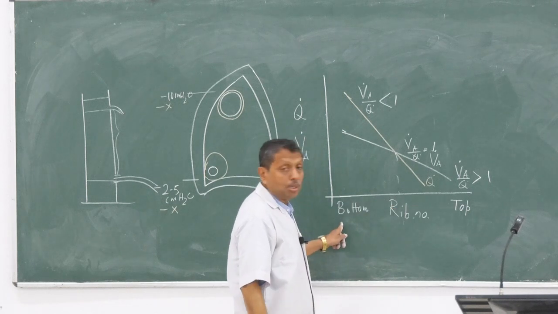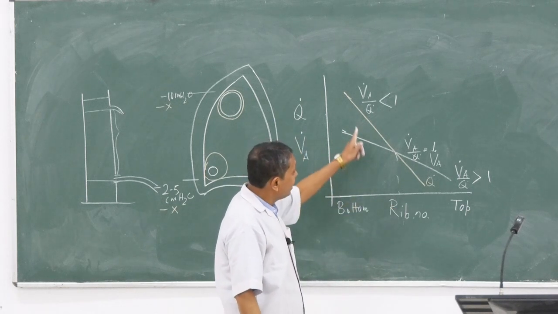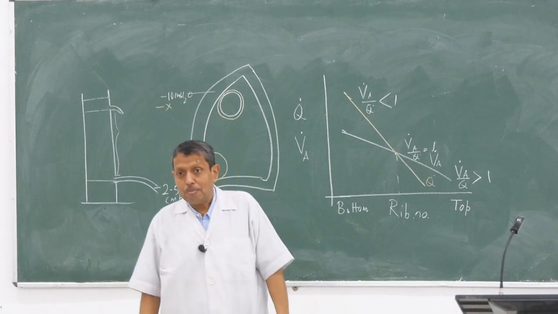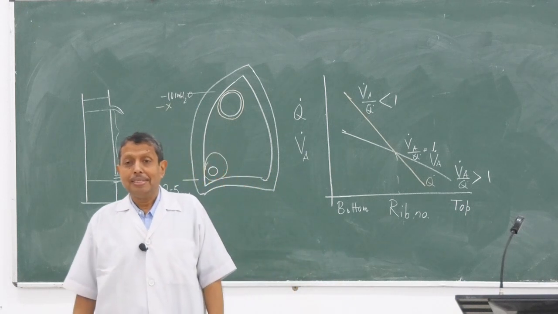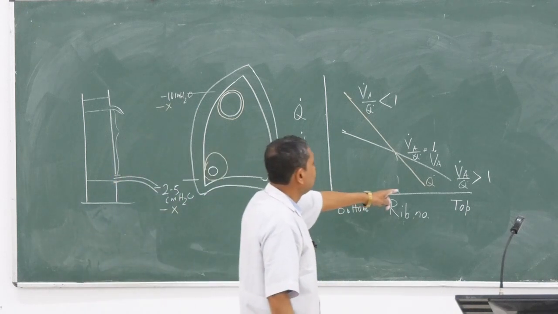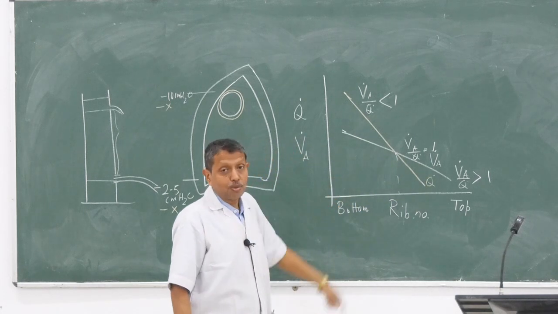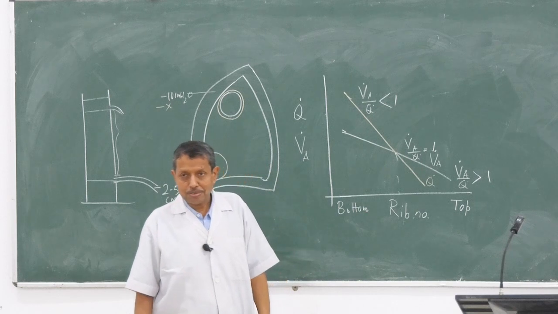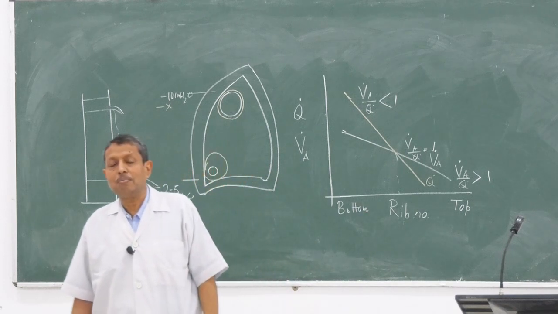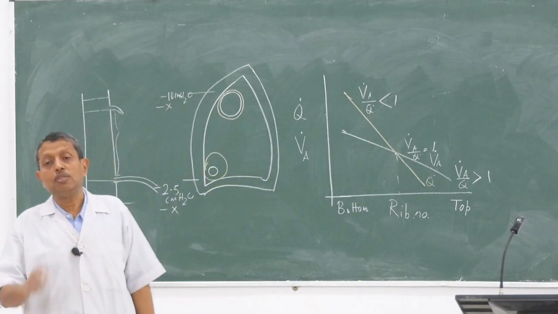From the top to bottom, if you take it in this way, then it becomes clear. Ventilation perfusion ratio: the ventilation increases toward the bottom, but its slope is lower than that of the perfusion. So at the top level, the ventilation perfusion ratio is more.